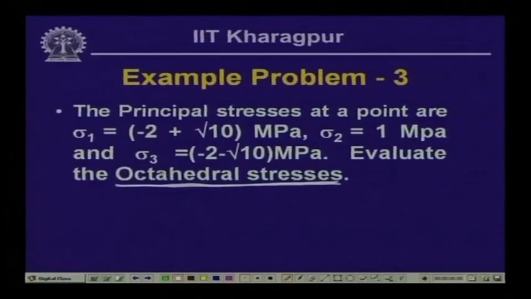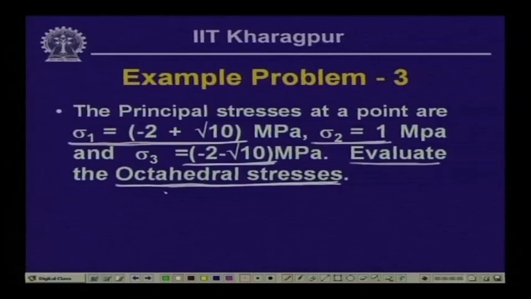Now, if we know the values of principal stresses at a point, we can compute the values of octahedral stresses. Sigma 1, the maximum principal stress, is given as minus 2 plus root of 10 MPa, sigma 2 as 1, and sigma 3 as minus 2 minus root 10 MPa, and we will have to evaluate the values of octahedral stresses.